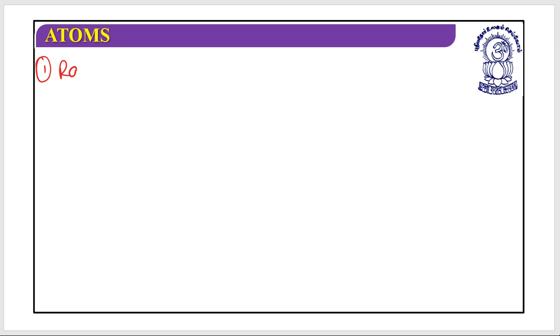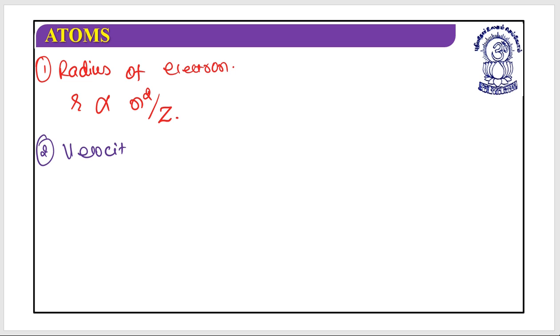First, the radius of the orbit, r, which is directly proportional to n square by z. Sorry, it's the radius of an electron. Next, the velocity, v, which is directly proportional to z by n.